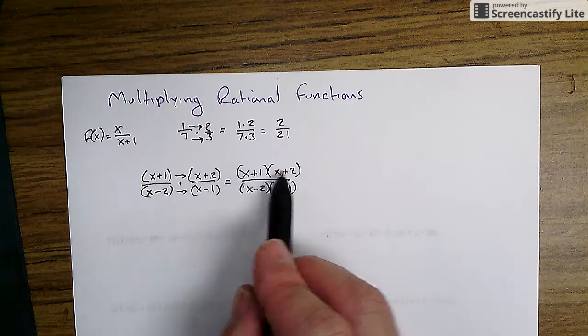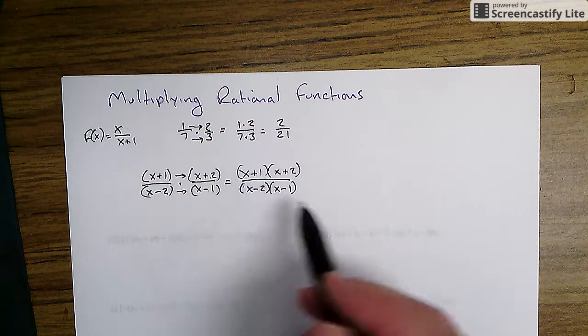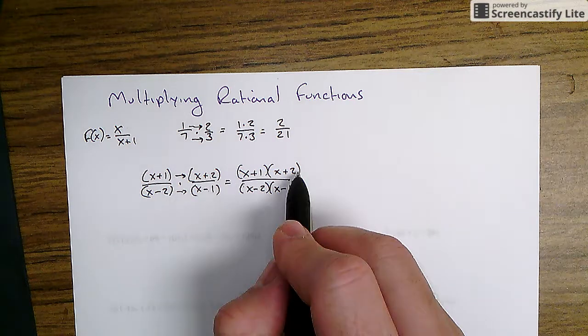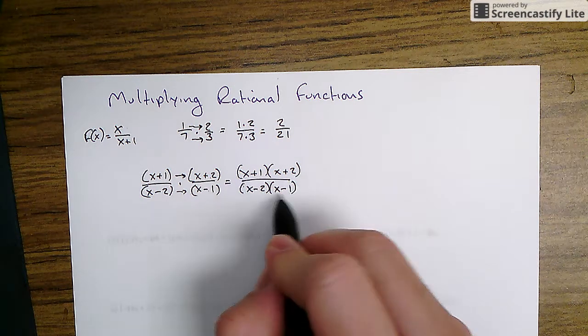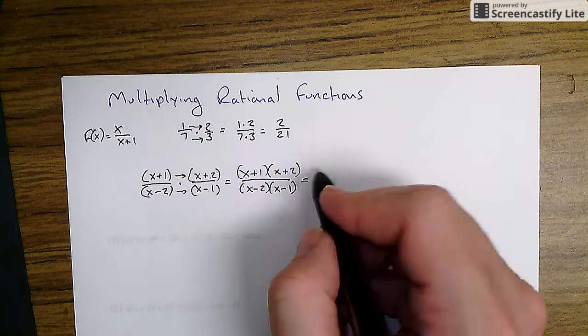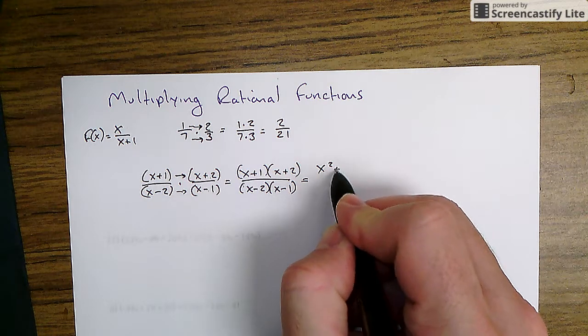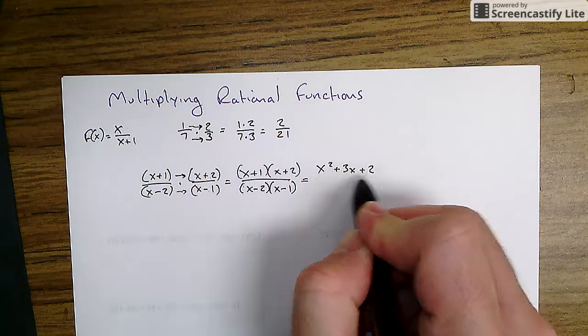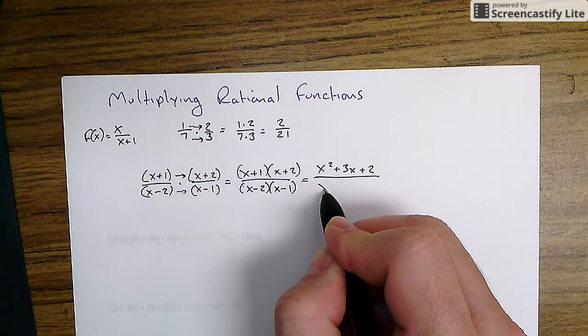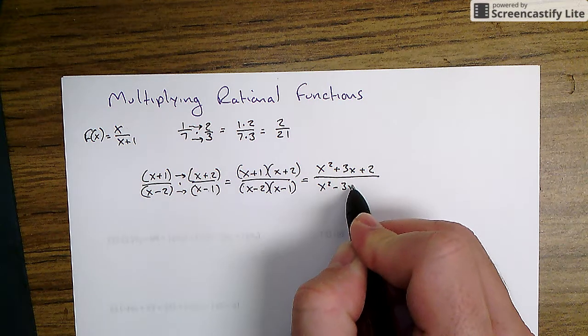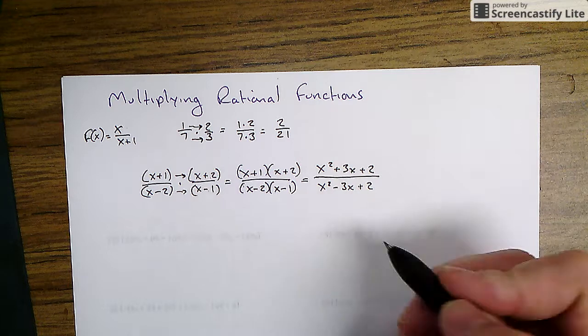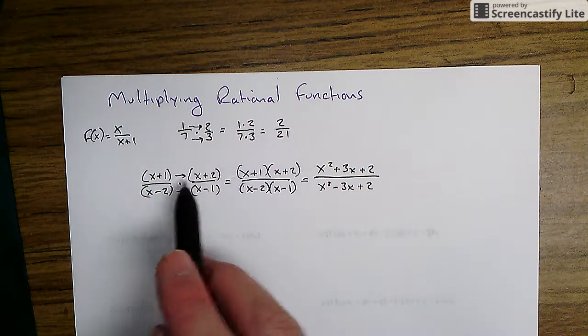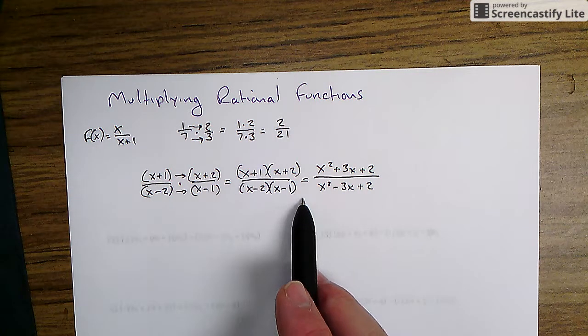And then if we combine our factors, if that's required, we would multiply x plus 2 times x plus 1 and x minus 2 times x minus 1, and we would end up with x squared plus 3x plus 2 over x squared minus 3x plus 2. So that's multiplying rational functions.